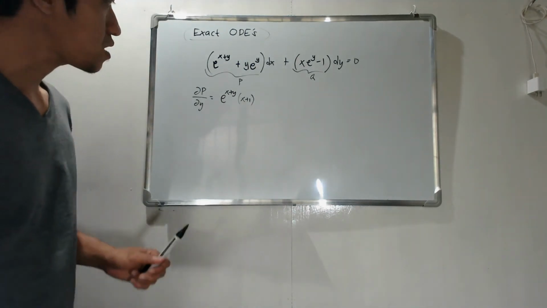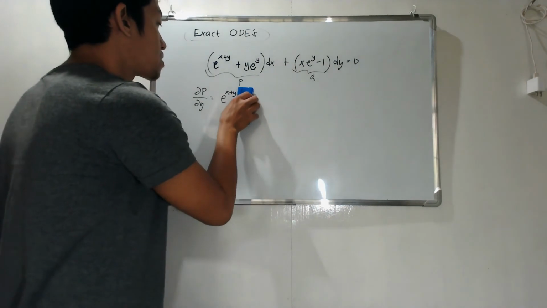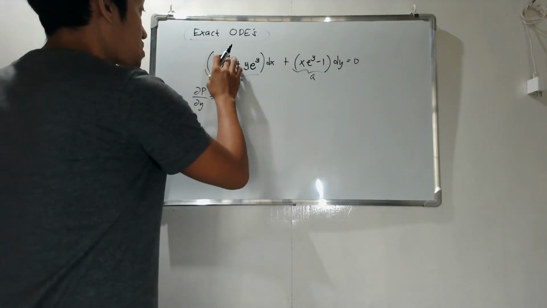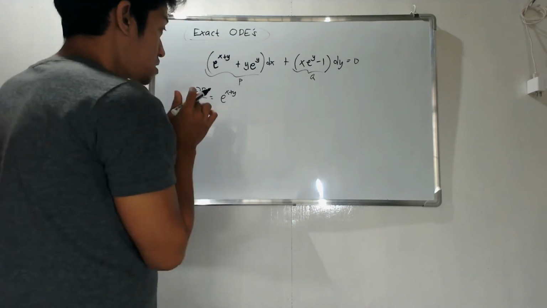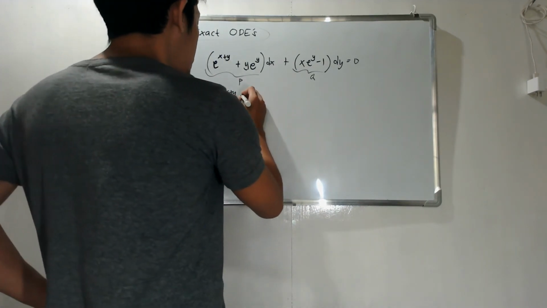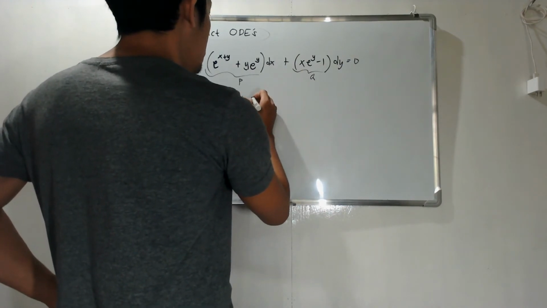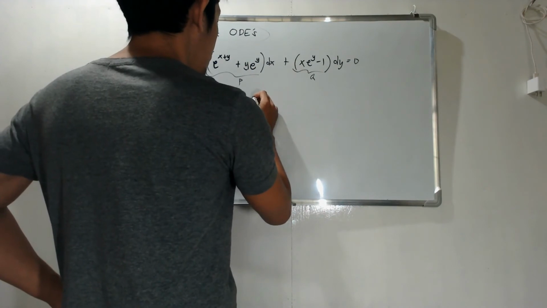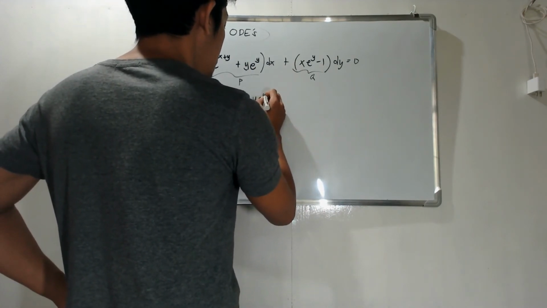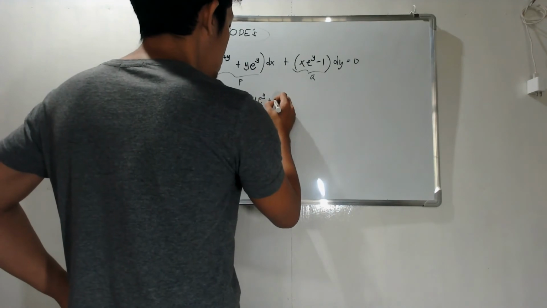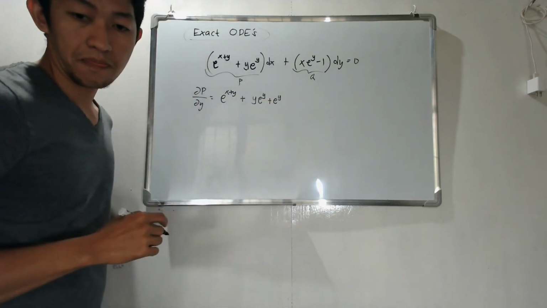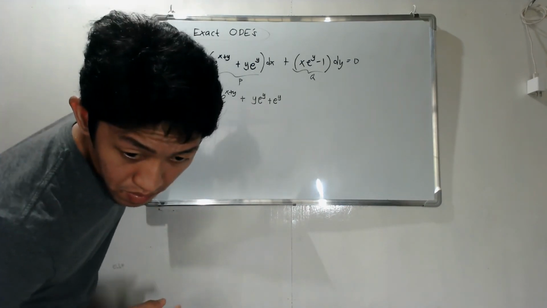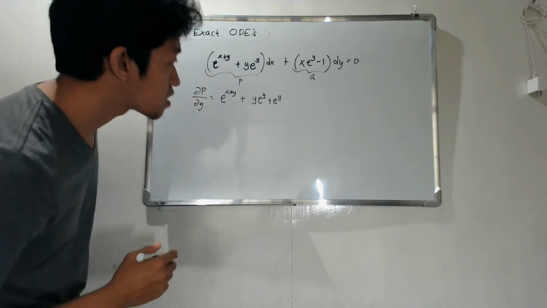E to the u, derivative of u with respect to y, 1, plus first the second plus second the first, so e to the y.